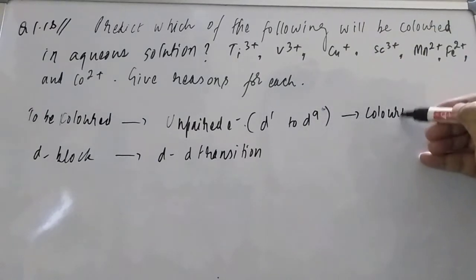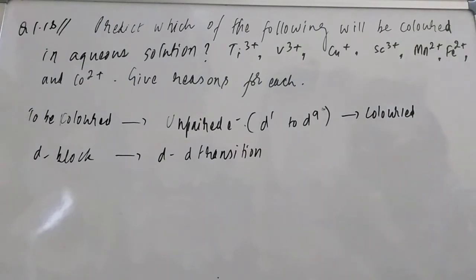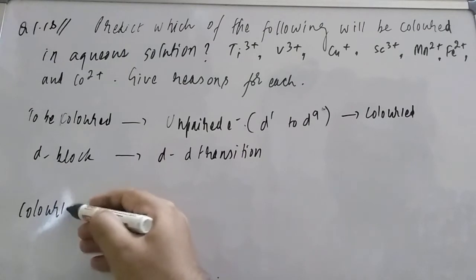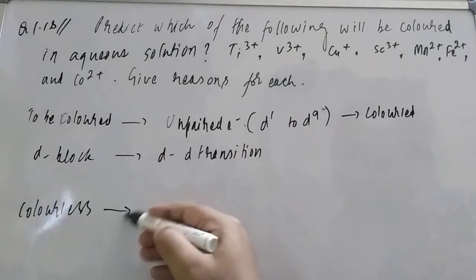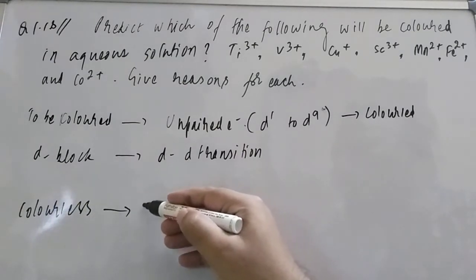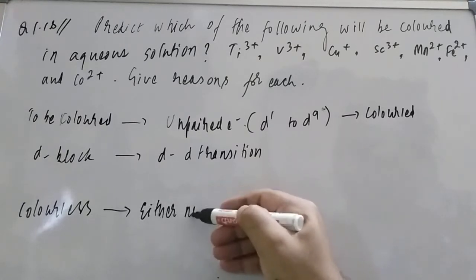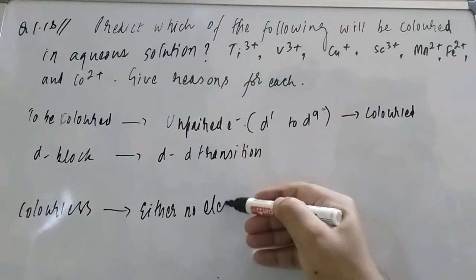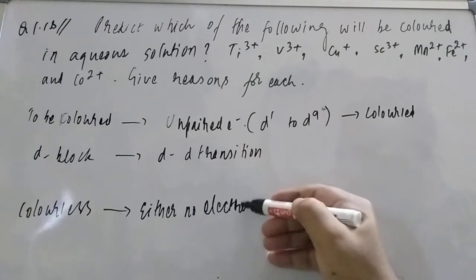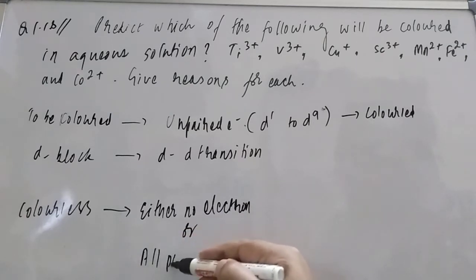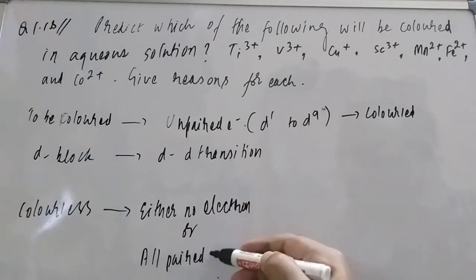And if there is no unpaired electron, it is colorless. What would be colorless, student? Colorless means either no electron, or all paired electrons.